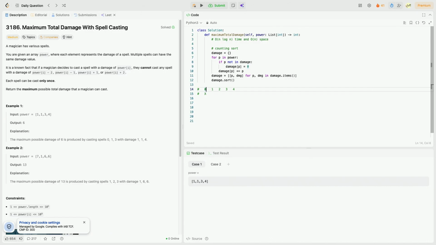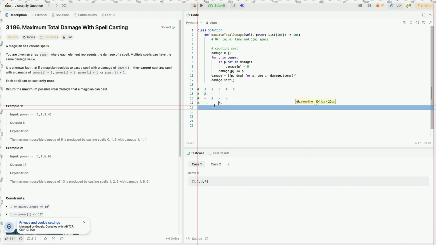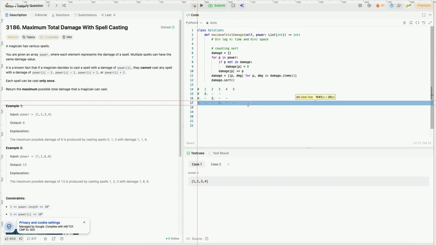And if these are the spell values, that would mean we could not pick this spell and we could not pick that spell. Similarly, if we didn't pick the first spell, but the second, we cannot pick the third and the fourth. And in the same way, if we start from the third index, or the third power value, we couldn't pick the 2 ones before or the 2 ones after.